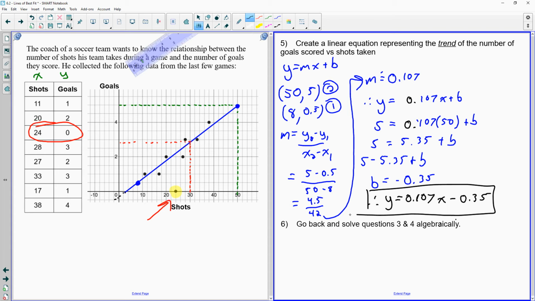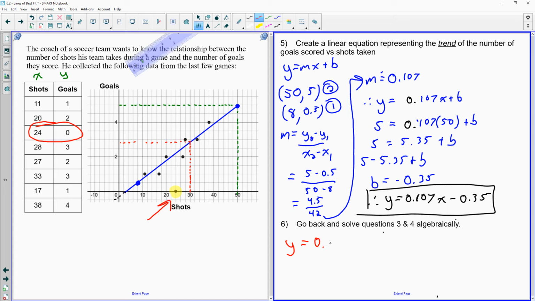Now that we have an equation, we can double check some of our previous questions. So for number 6, it's asking, okay, can we solve numbers 3 and 4 again algebraically? So for number 3, it was asking, okay, if you take 30 shots, how many goals would you expect to score? So let's plug 30 shots into our equation.